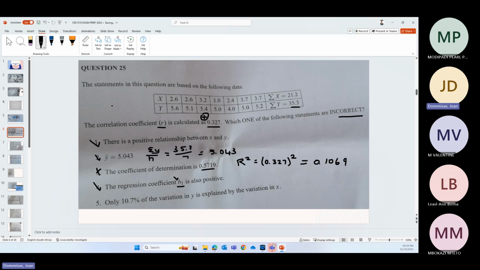So there's always that direct link between those two. And then only 10.7% of the variation in Y is explained. Also correct because this is the variation that is explained.